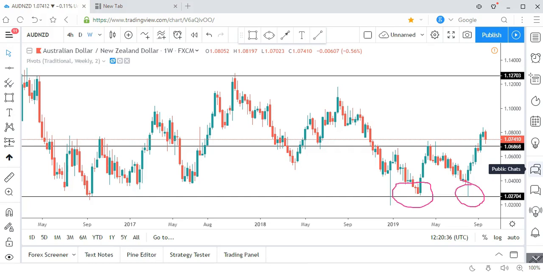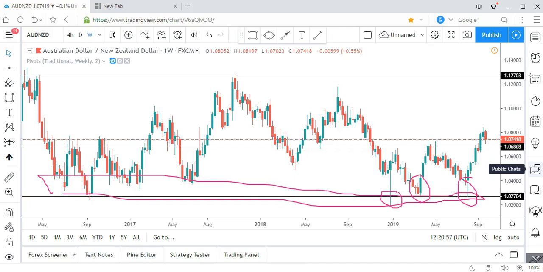So definitely, and we got some good rejections since January. Price tested in January, we got a rejection. Price tested again by March, we got a rejection, and price tested again in August, and we got a very good rejection. So that means this support level here is very strong.